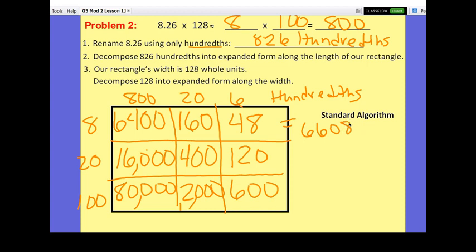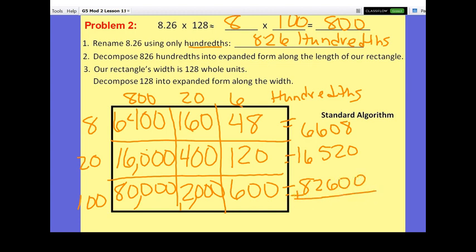When I add 16,000 plus 400 plus 120, that equals 16,520. And last, I'm going to add 80,000 plus 2,000 plus 600, and that equals 82,600.